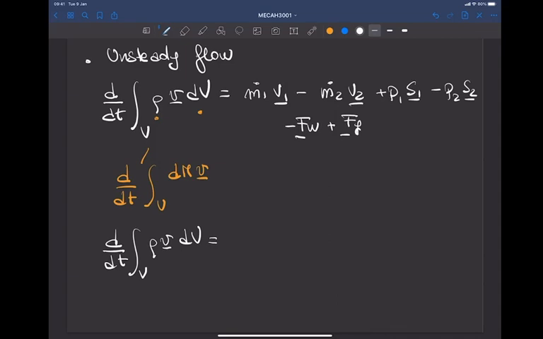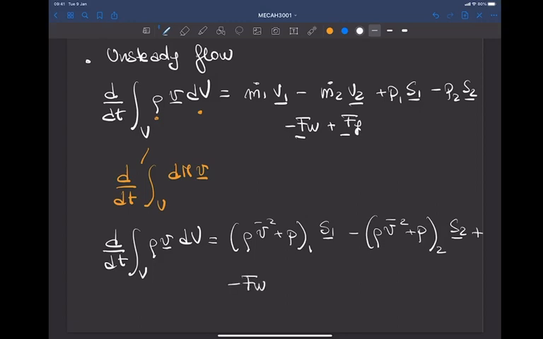So what I have here is a rho v squared, this is the modulo of velocity, plus p in section 1 times s1 minus rho v squared plus p in section 2 times s2. Then I have the wall forces, and then I have the volumetric forces.